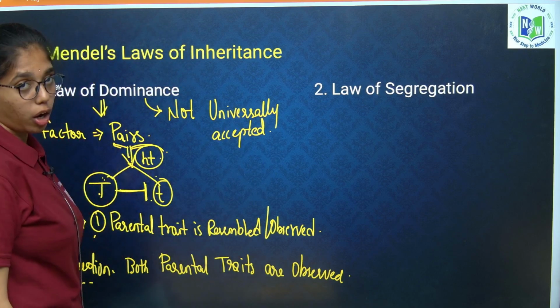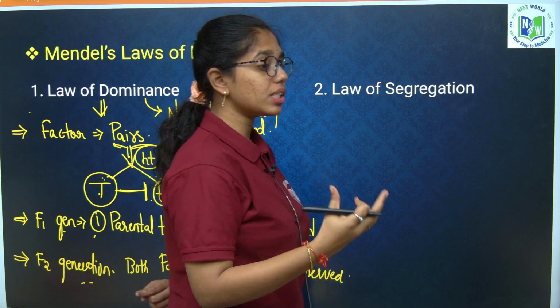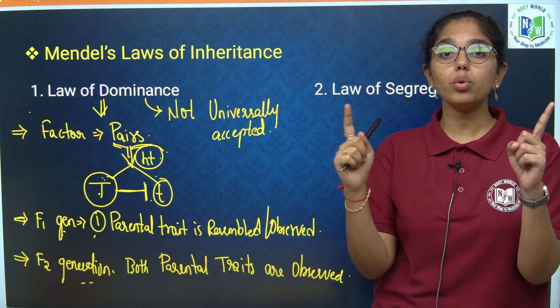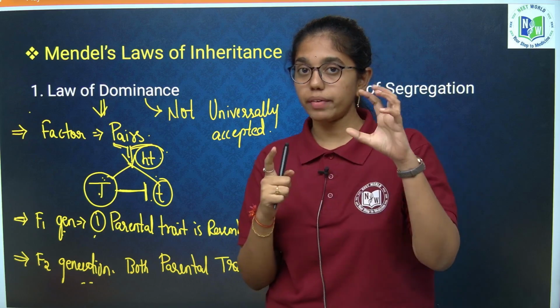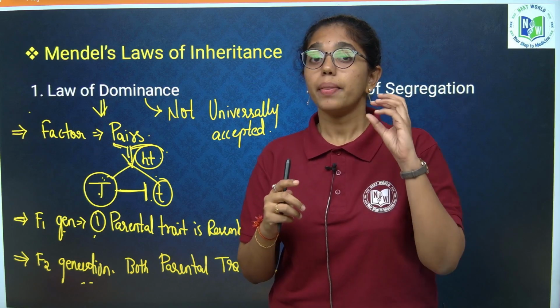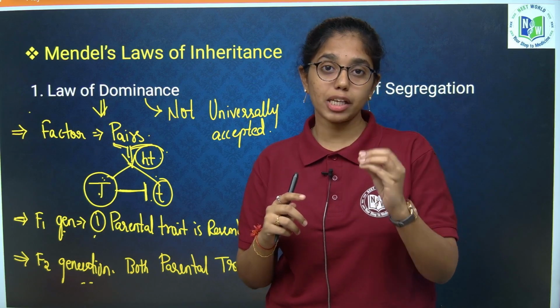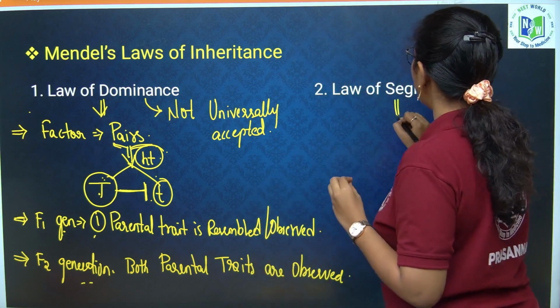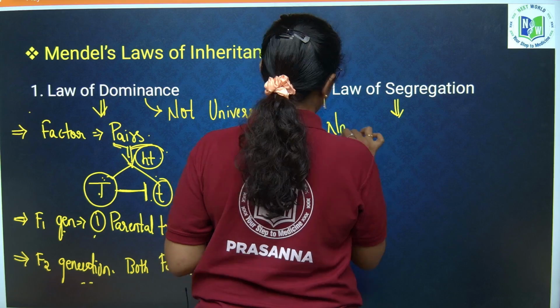If you take the law of segregation, it says that whenever 2 gametes are crossed, the traits are never mixed or blended. There is no blending of characters.